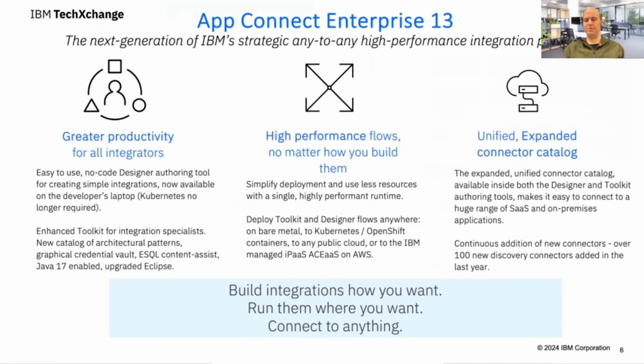I think it's over 300 nodes now in our toolkit palette when you go to create your message flows. And we keep enhancing them. As you've seen over the last few fix packs of version 12 or mod releases, we're adding a good 20 connectors each mod release, and we continued that in the 13.0.1 release. So here's the announcement, which I think is just going to repeat some of those things I've also talked about.